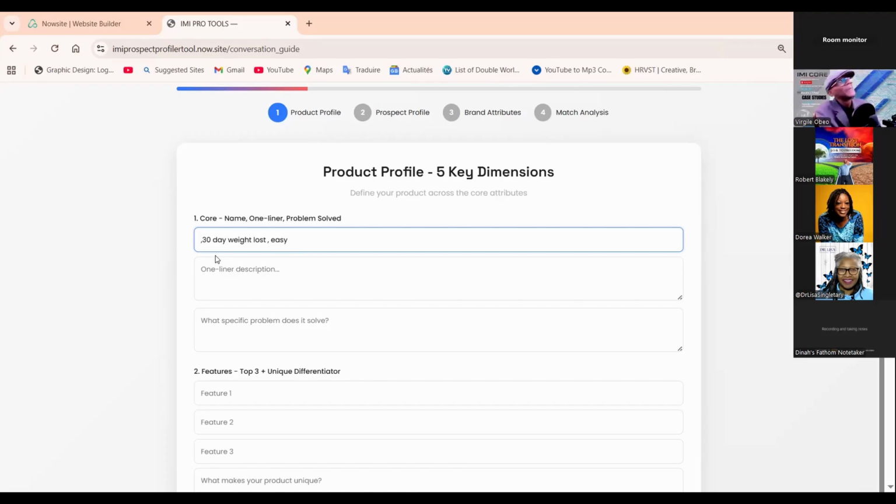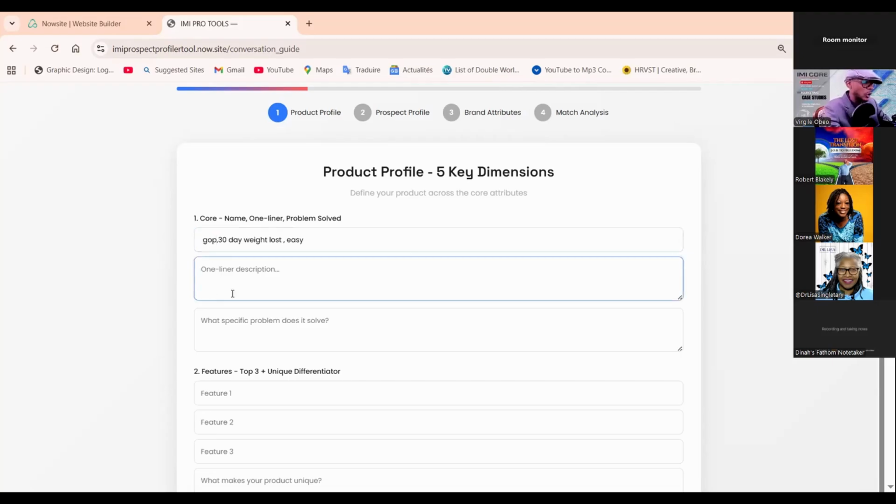Because one of the things about products, or one of the things about power in conversation, is when something has a name. When you name it specifically, it gets a lot more power. 30-day weight loss is the function of this, right? So you want to give it a little bit more personality.